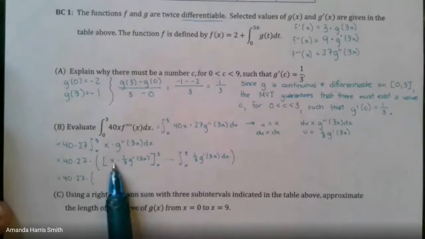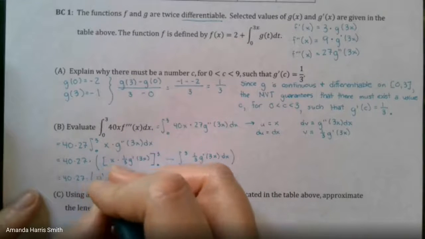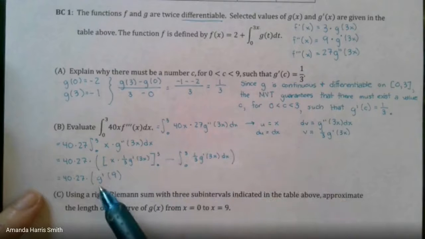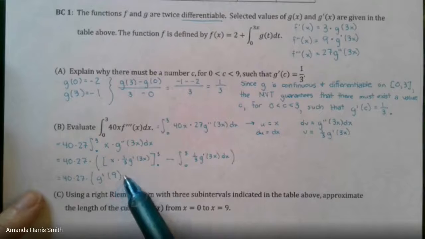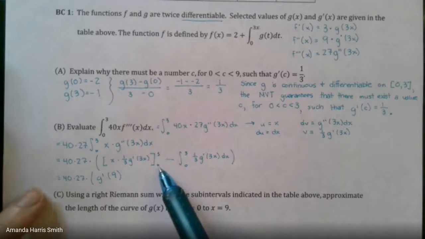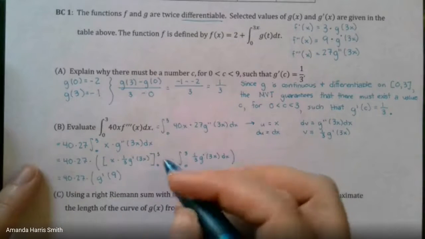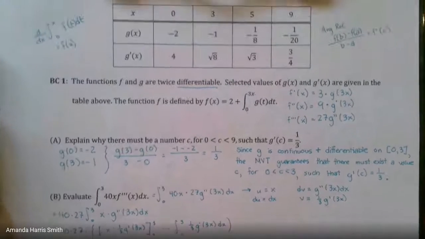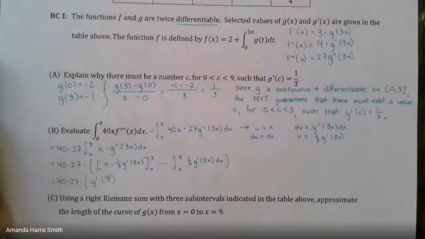For f of b, when I plug in 3, I've got 3 times 1/3, that's convenient, g prime of 3 times 3, which is 9. That says g prime of 9, minus f of a, which is 0 because it's x times 0. Nice. This whole thing just turns into g prime of 9, which, look at your table, is something we can work with. Yay.